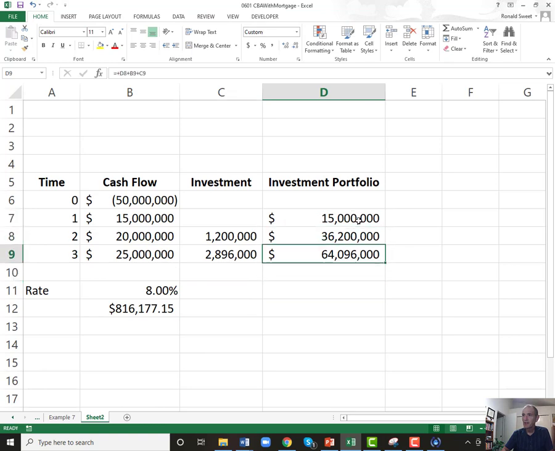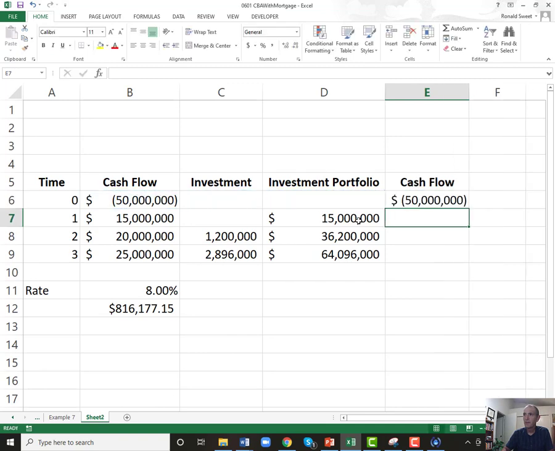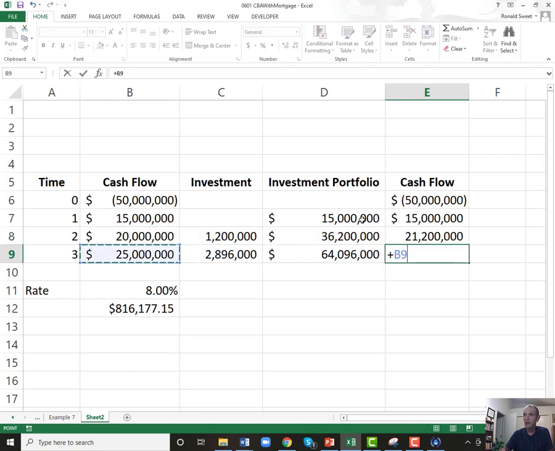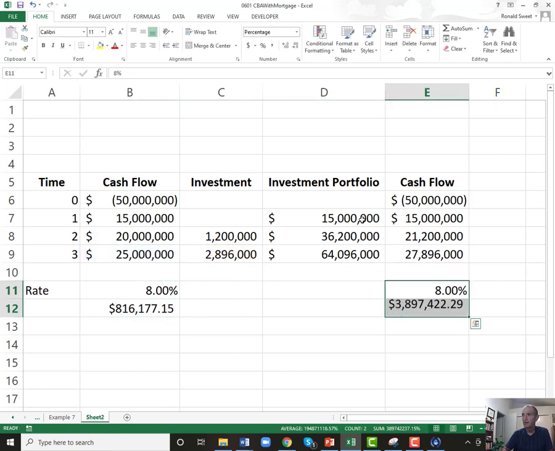Essentially they said their cash flow was you invested $50 million. The next year you made $15 million but no investment income. The next year you make $20 million plus $1.2 million. Next year you make 25 plus 2.9. They said, let's look at this net present value now, and our net present value now is $3,897,000. They said, look at this great net present value we have.